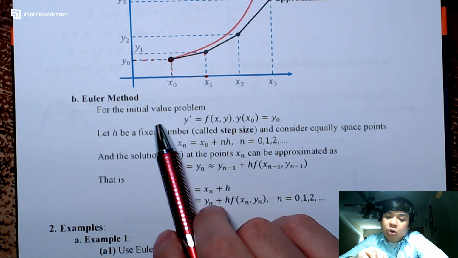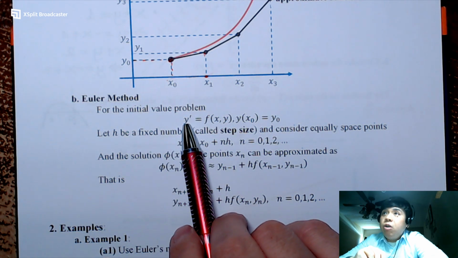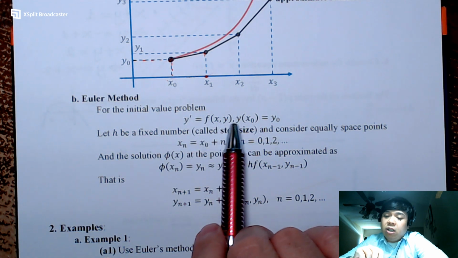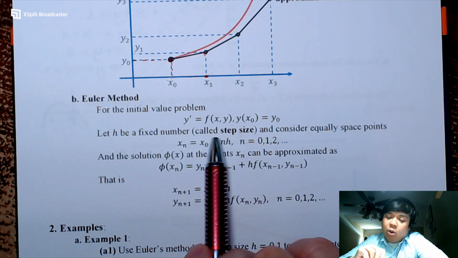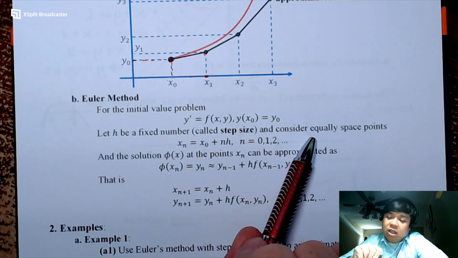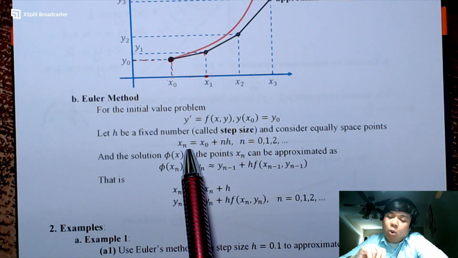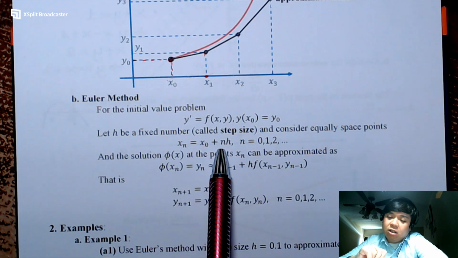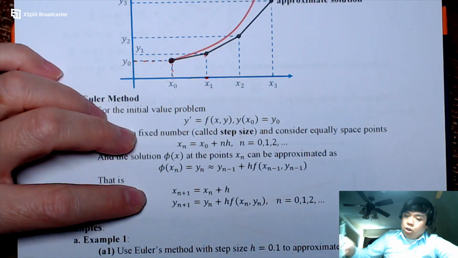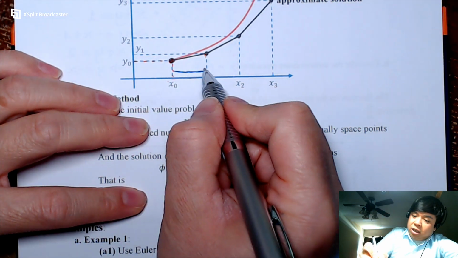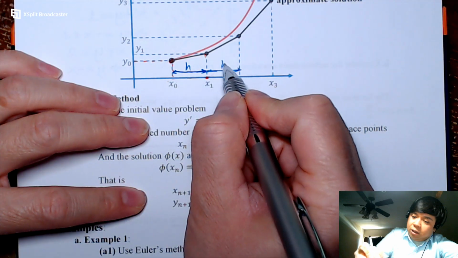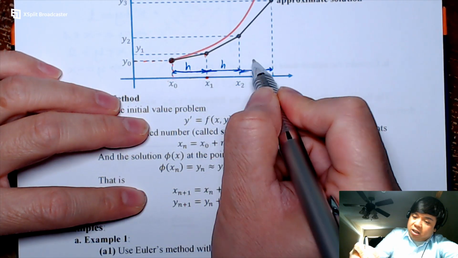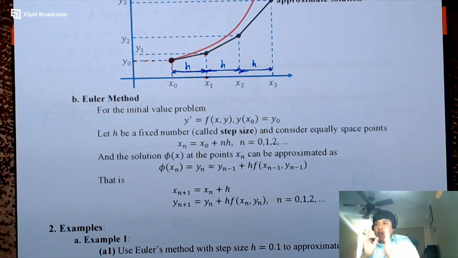For the initial value problem of derivative equal to a function and the initial condition, let h be a fixed number called the step size and consider the equally spaced points x_n equal to x naught plus n h. So h is the distance between the consecutive points on the x-axis. We call that the step size.